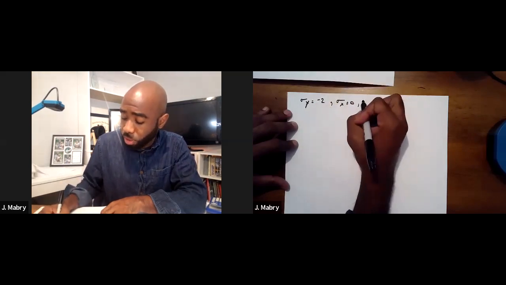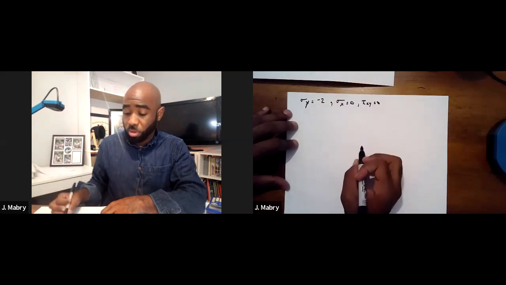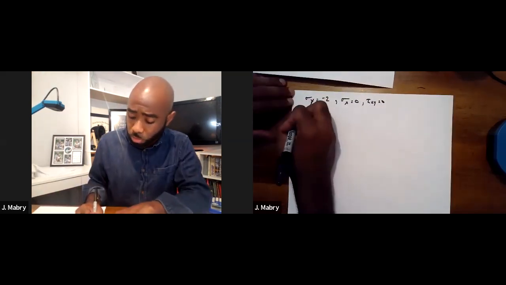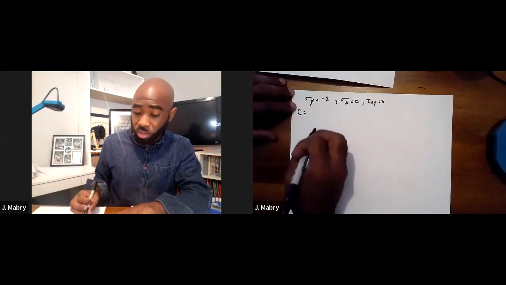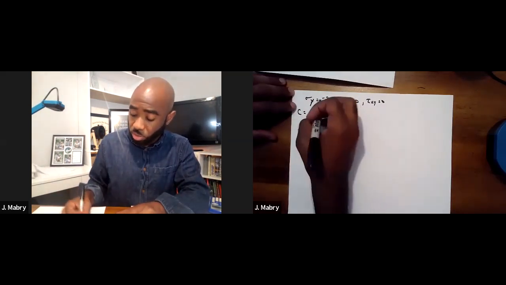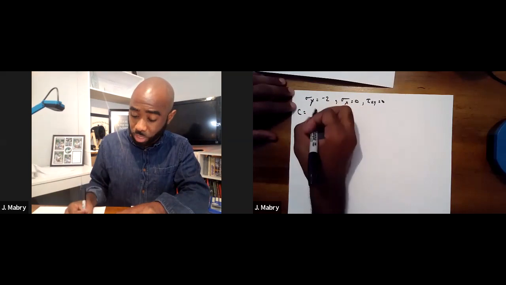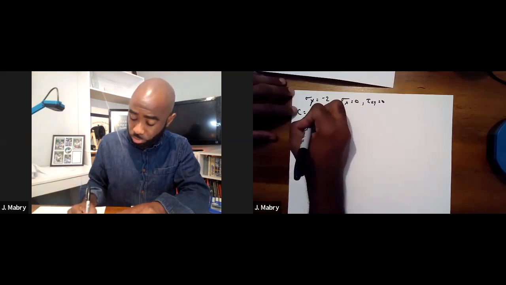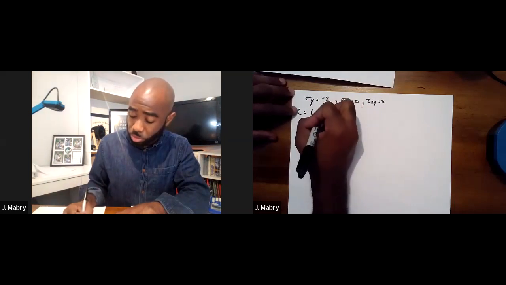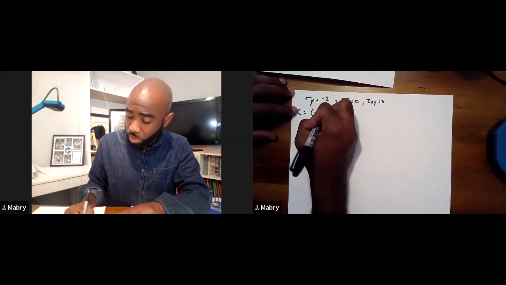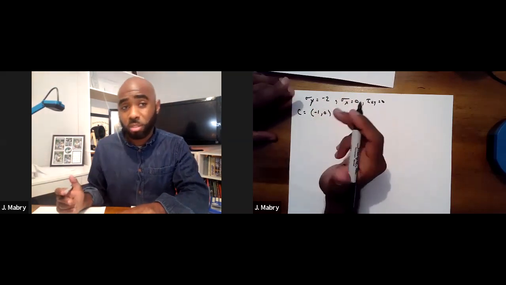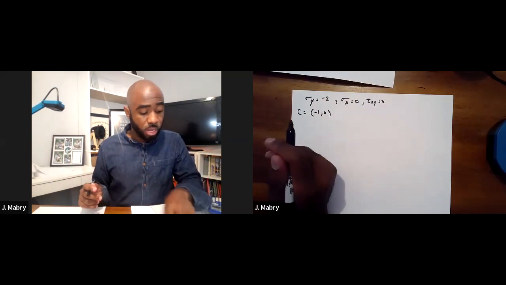And tau sub xy is also equal to 0. So to make sure we understand, our center in this case is going to be -2 divided by 2, which is -1 and a 0. Make sure you're all getting the same thing as me.